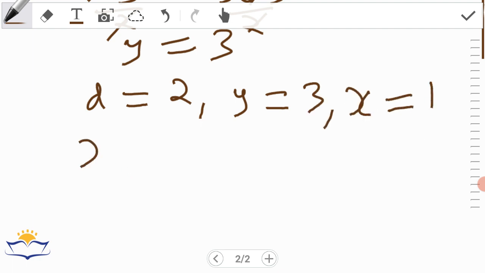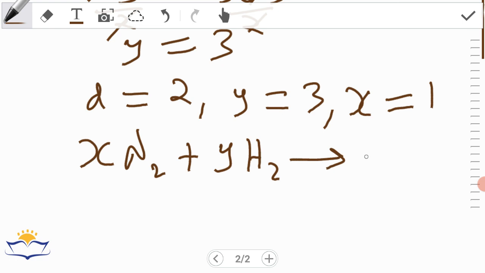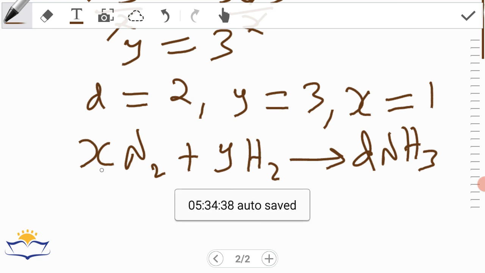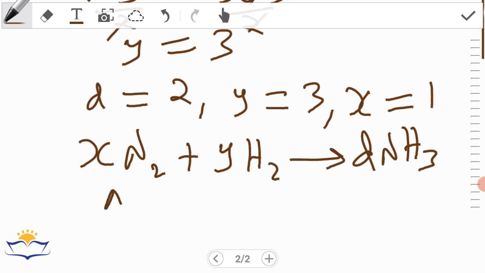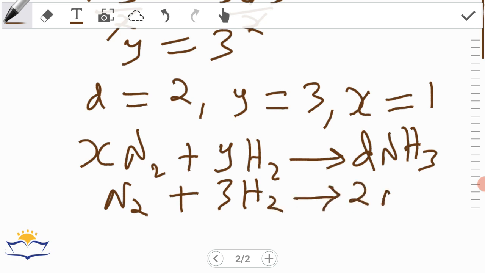So the equation we started with was x N2 plus y H2 to yield d NH3. We substitute back my values into the equation. X is 1, so we just write N2. Y is 3, d is 2.